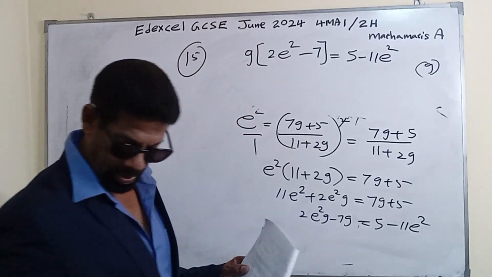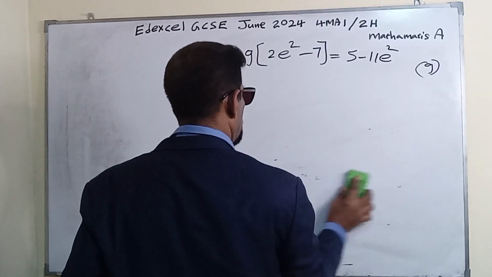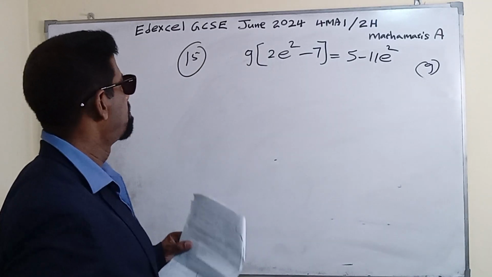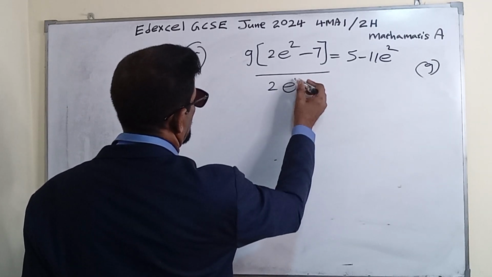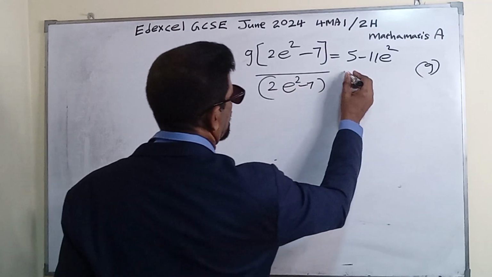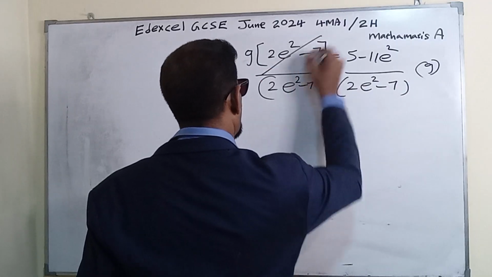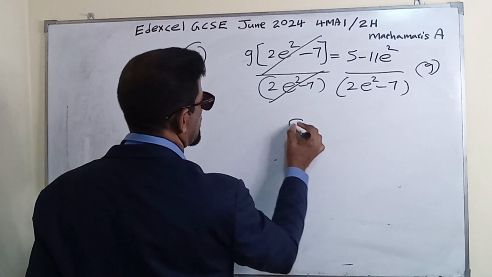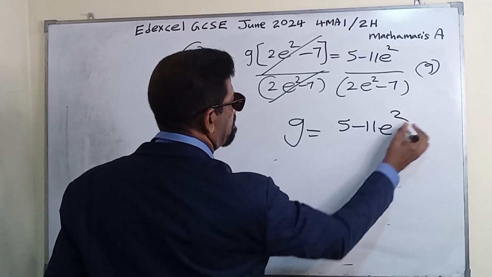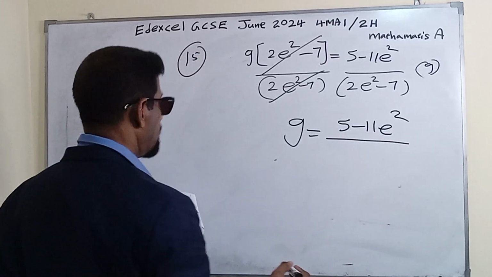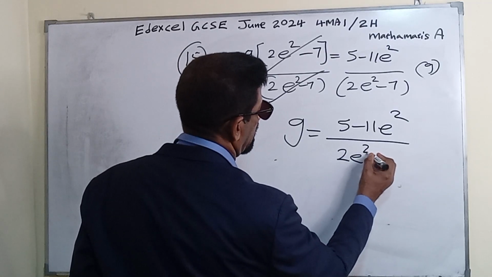So you take g as the subject, and divide both sides by 2e squared minus 7. So that cancels. So your answer is g equals (5 minus 11e to the power of 2) over (2e squared minus 7).